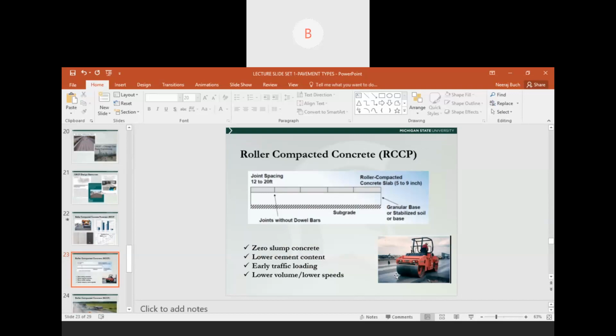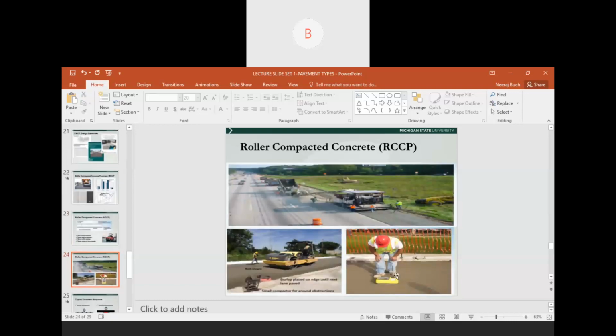So the application of roller compacted concrete is not as widespread as jointed concrete pavements or continuously reinforced concrete pavements, but it does have applications in low volume, low speed areas.